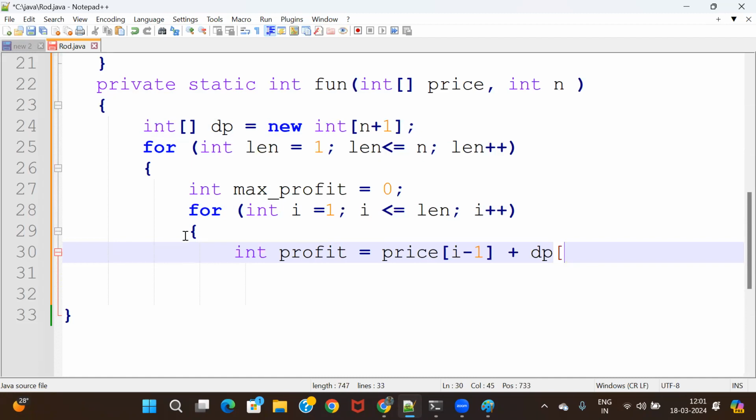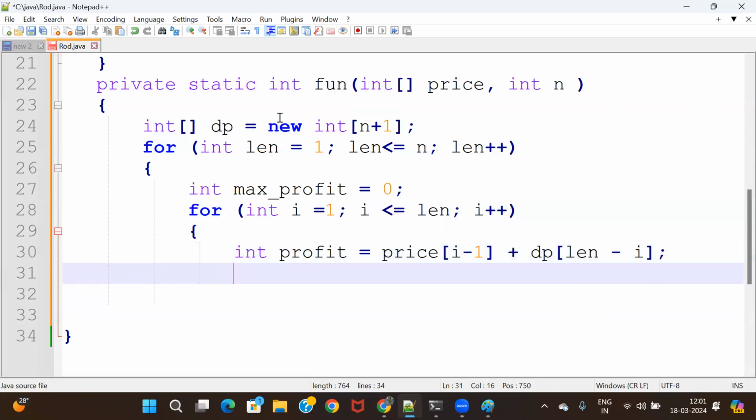What was the length of the rod previously? Length minus this i. Okay, this is clear.